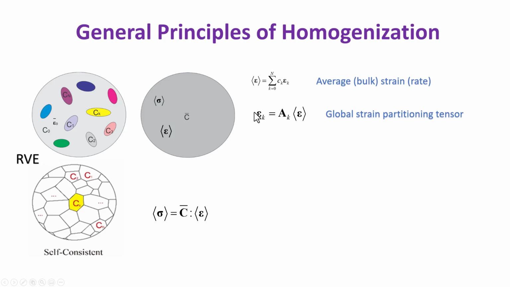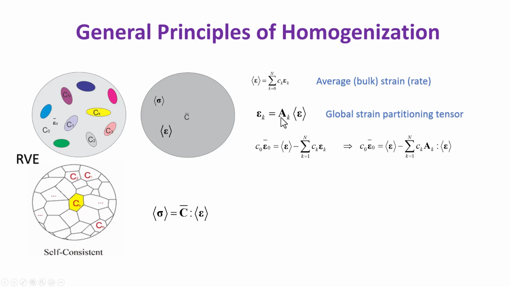We can write the strain or strain rate of each element in terms of a partitioning relationship. This partitioning is written in terms of the average strain on the representative volume element scale, and that is called the global partitioning relationship. If we expand the first relationship, then we get this.